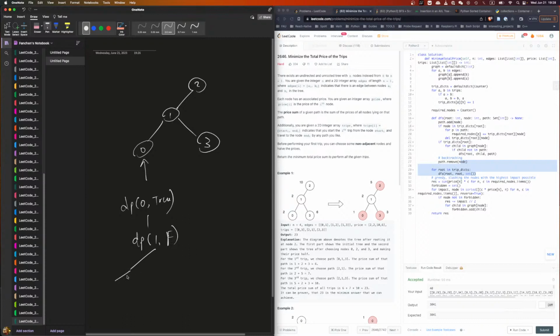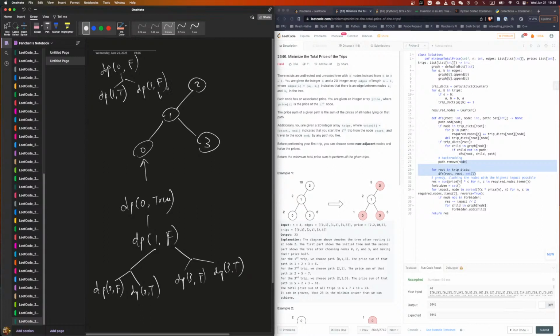Then dp2 we can do false, or dp2 true. And this path, same, dp3 false and dp3 true. Done. On the other hand, if we go dp0 false, then we have dp1 true and dp1 false.